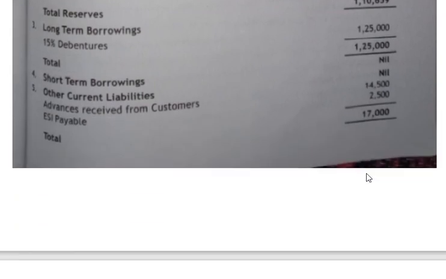Long-term borrowings, your 15% debentures 1,25,000. Then you move on to your short-term borrowings, there is no short-term borrowings. Then your other current liability, advances received from customers 14,500. ESI payable, which is 2,500, we'll consider it here also, which you are supposed to pay.